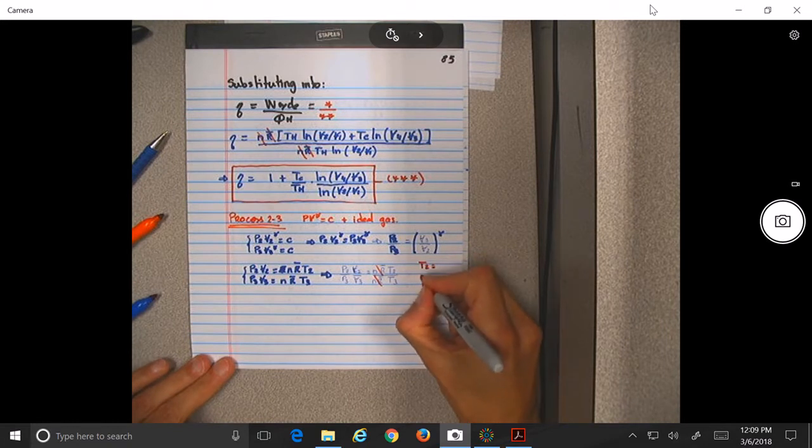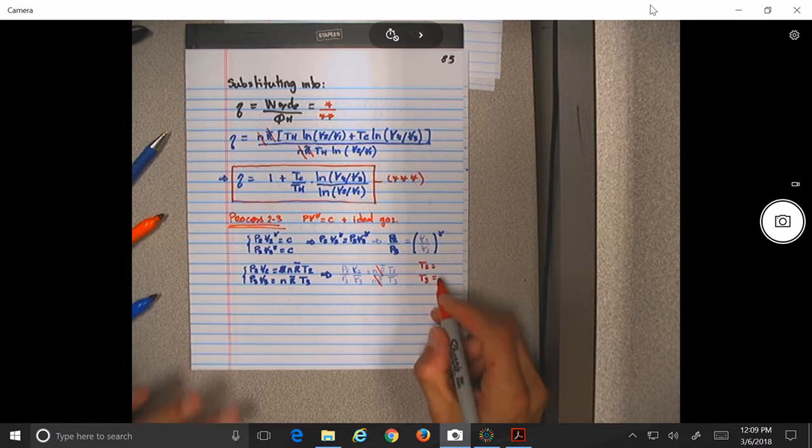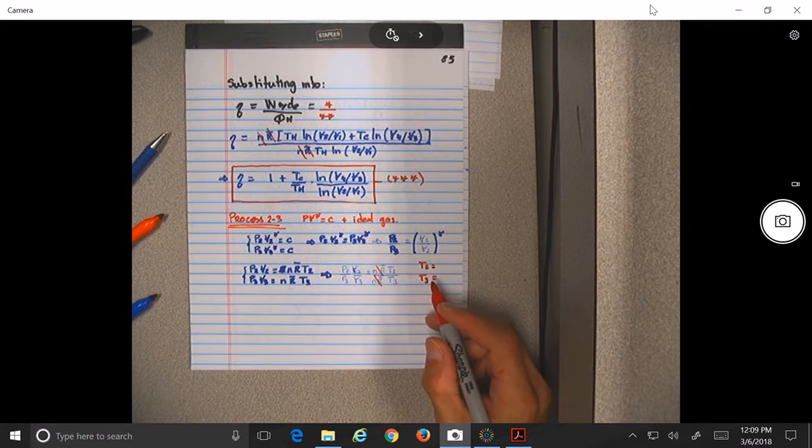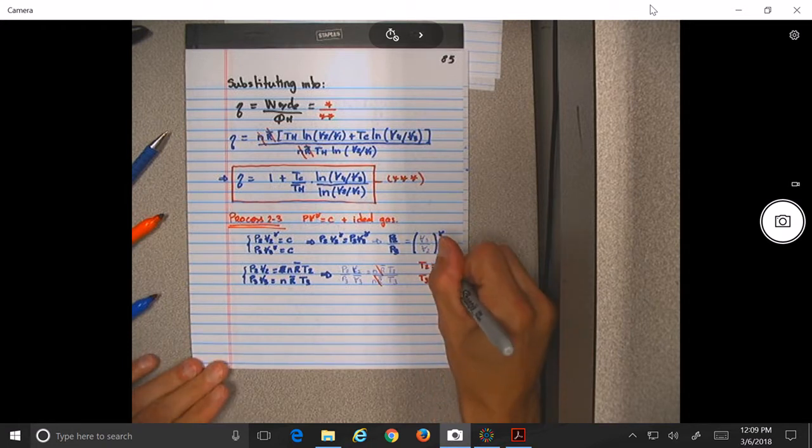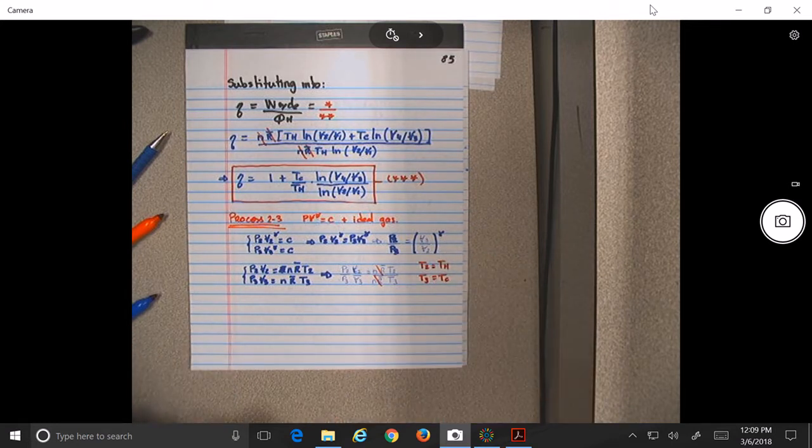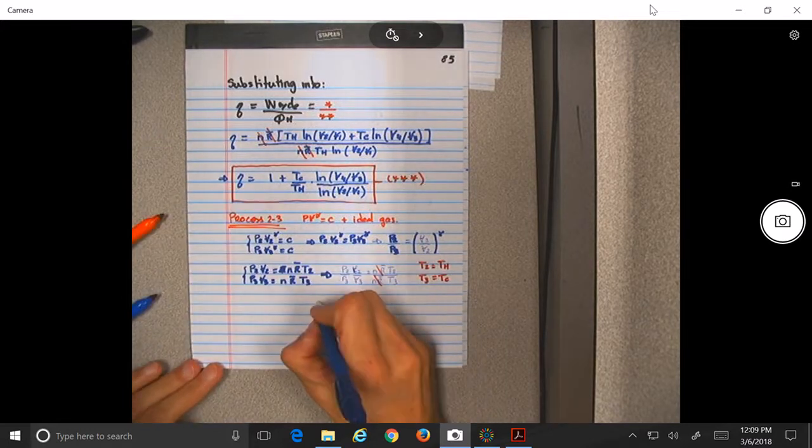What is T2, what is T3? If you go to the figure, is T2 the hot or the cold temperature? Hot, and T3 is the cold. Alright, so I don't want to go too fast for the first one.